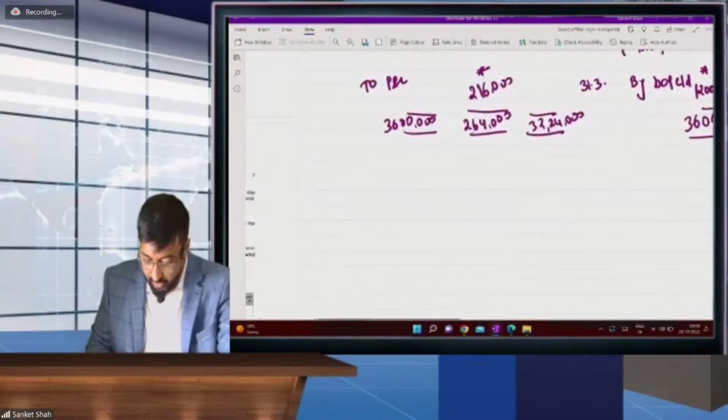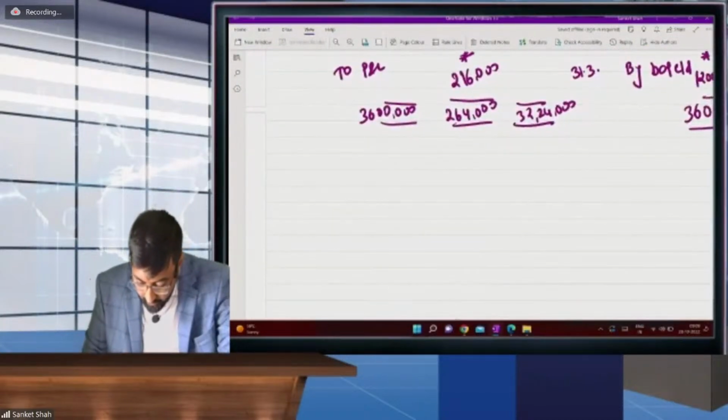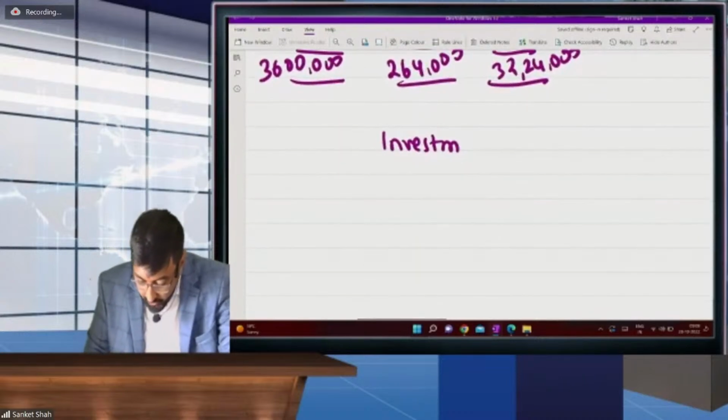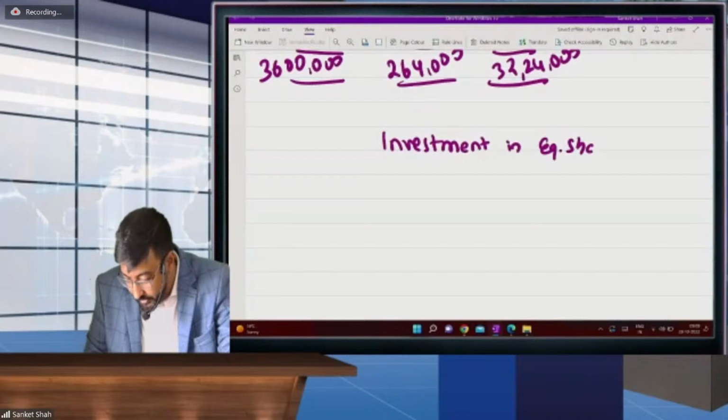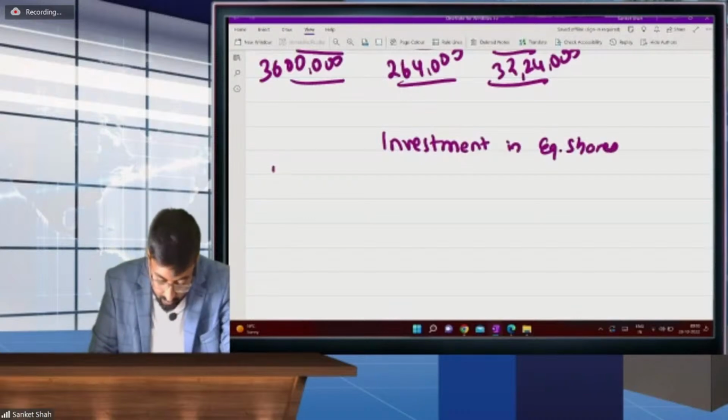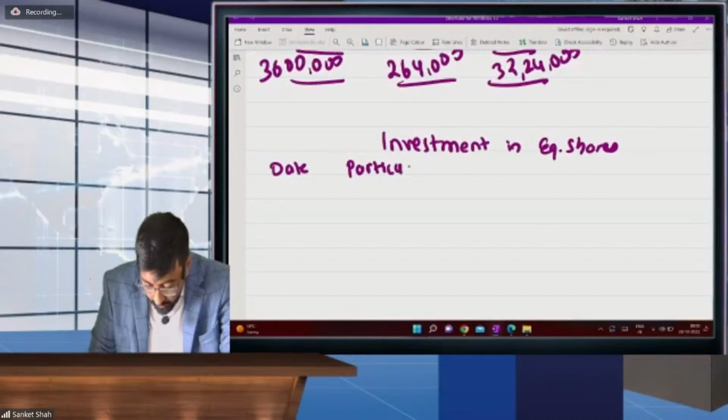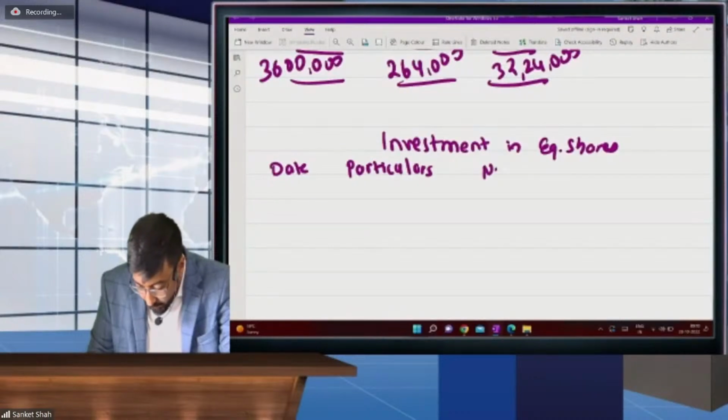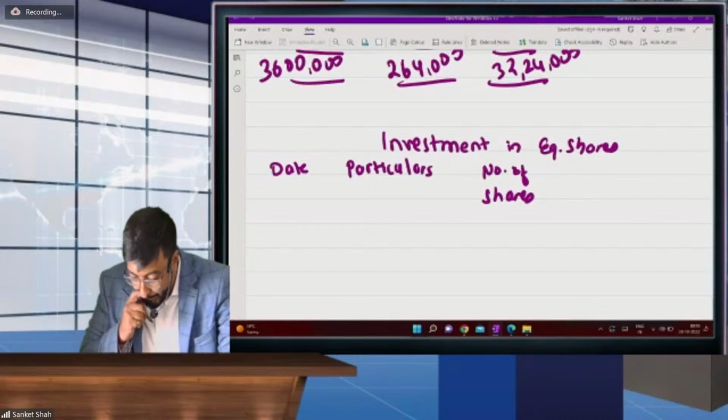Okay, write down. Investment in equity shares. Date, particulars, number of shares, amount.